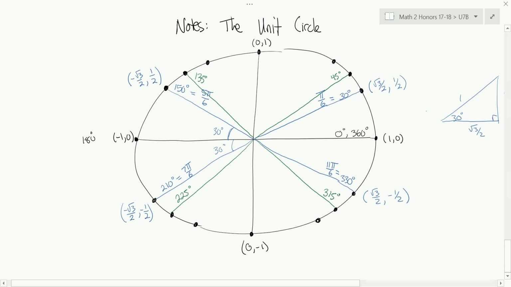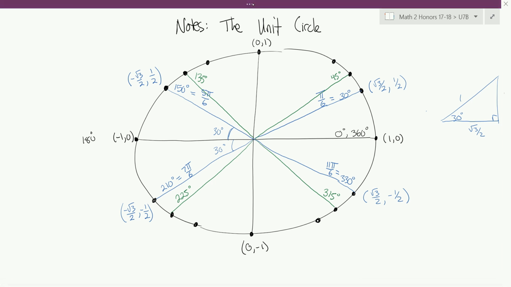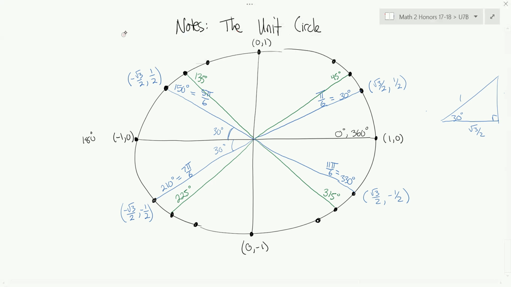Okay. So let's try that with radians. So we got to think, for the first quadrant, well, 180 divided by what is 45? 4. So what would 45 be in radians? Pi over 4. Okay. And at 180, since we're working with 4, 180 is 4 pi over 4.